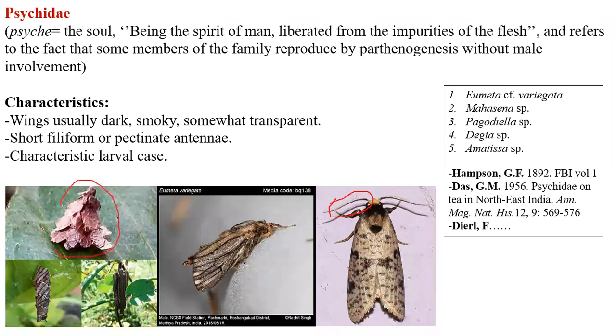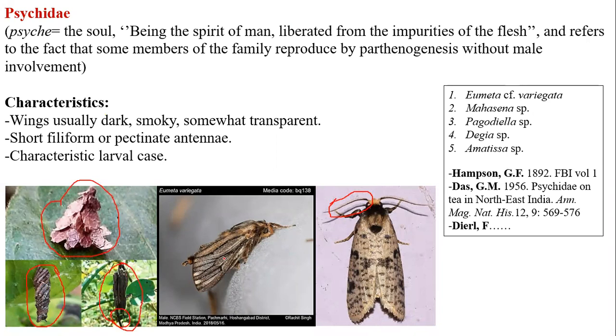The one from the top is very much like a pagoda, and this is why it belongs to genus Pagodiella. The lower left one, which has a spiral pattern, belongs to genus Mohasena. And the right one, having twigs, some of which are elongated, is the feature of genus Eumeta.